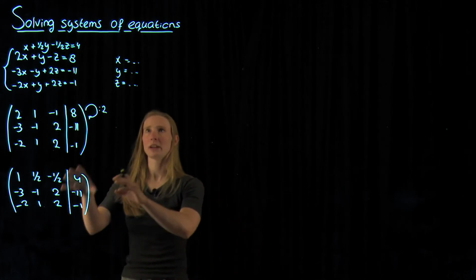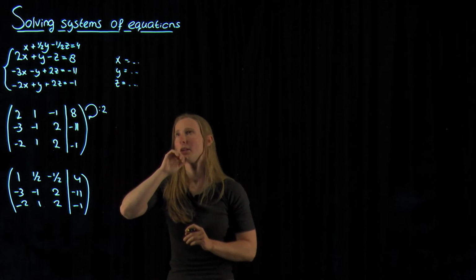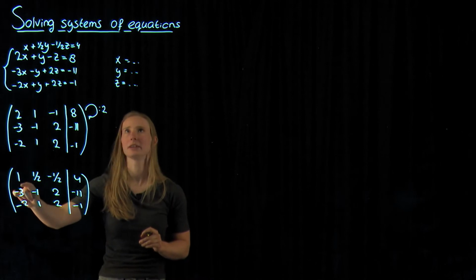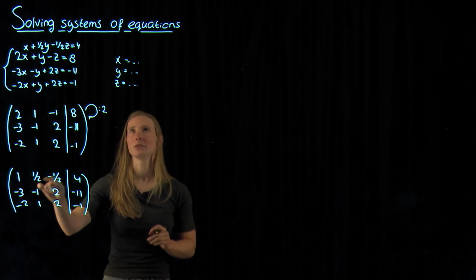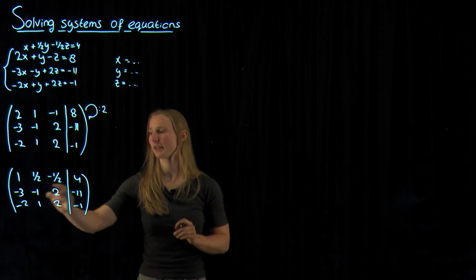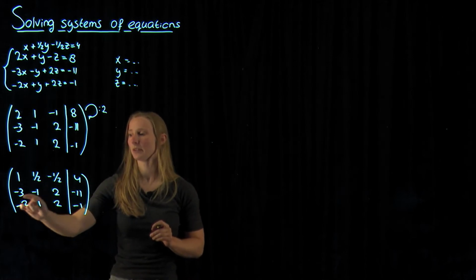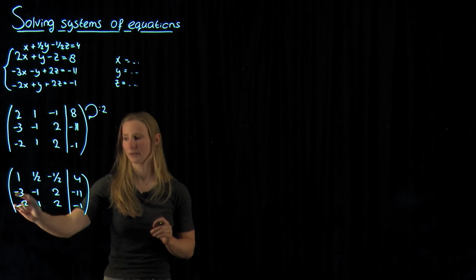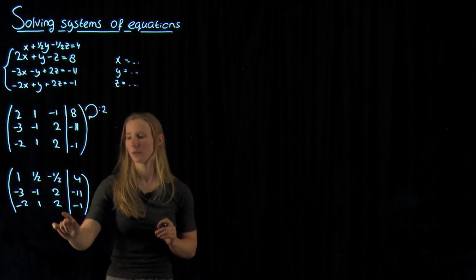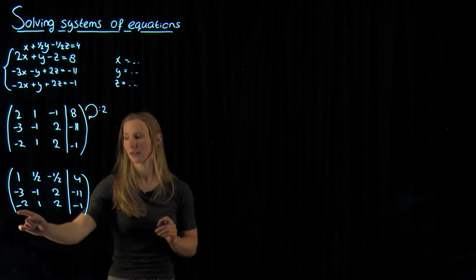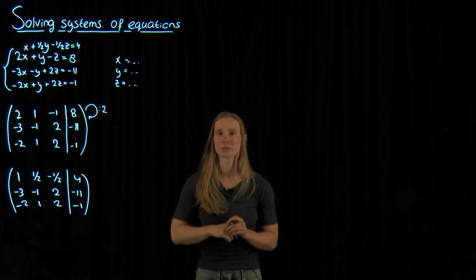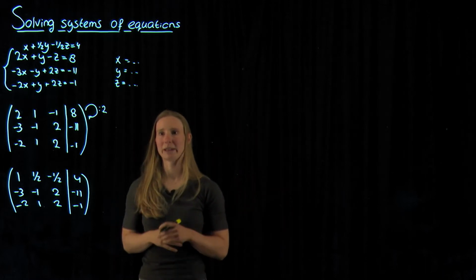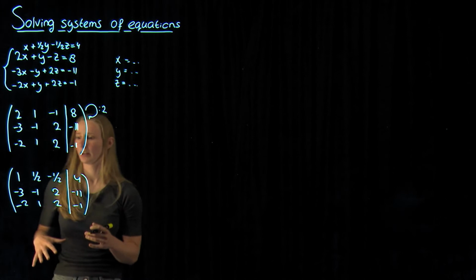Our goal is to end up with something of this form, which means that in the first row we need a 1 here, and zeros in these 2 places, because we have no y and z in that expression. In the second row we want a 1 in the middle spot, and zeros everywhere else. And in the final one, we want a 1 in the last column, and then these zeros. How we are going to do that is that we will sweep the matrix. What does that mean?